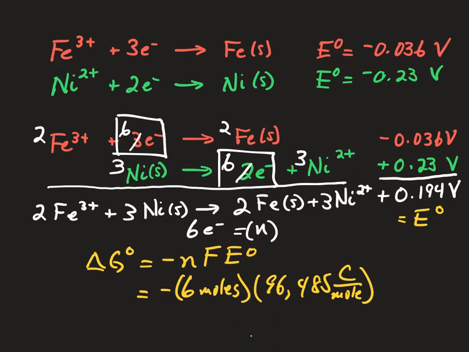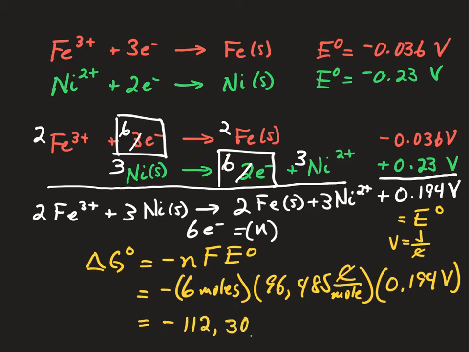That gets us in coulombs. And then our E0 is 0.194 volts. And remember, a volt is equal to a joule per coulomb of charge. So that cancels that coulomb unit, and we end up with joules as our unit, and we get an answer of about negative 112,300 joules with a little rounding.